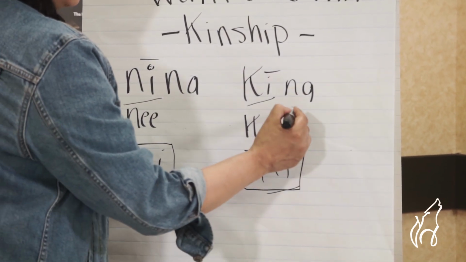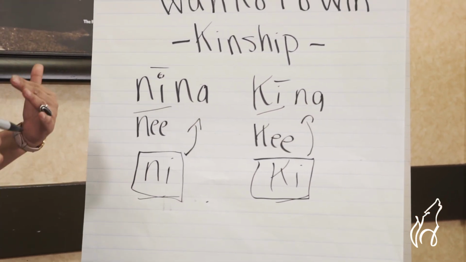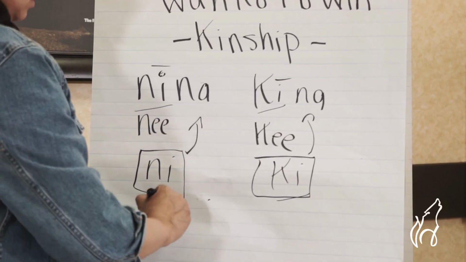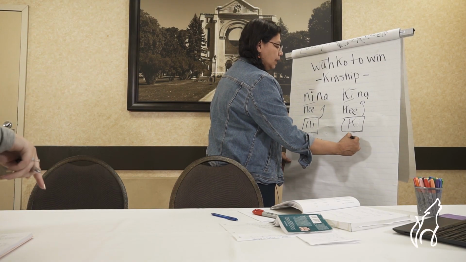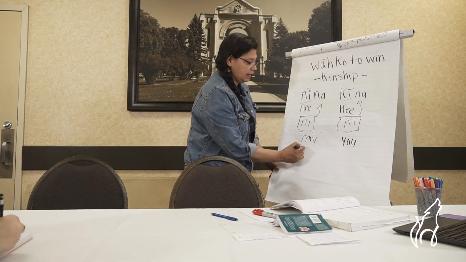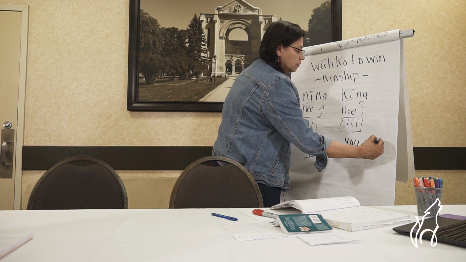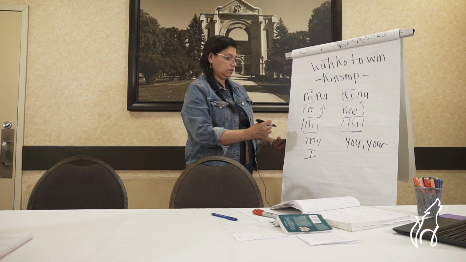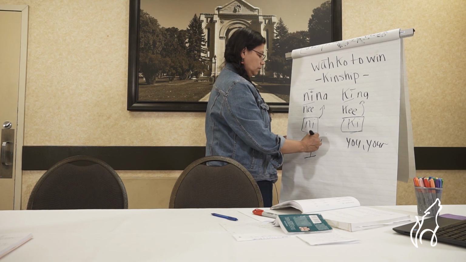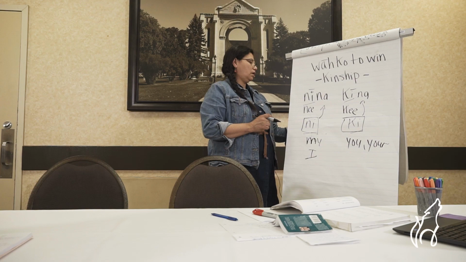So you understand who you're talking to and what of my to you. So Nina means my, and Gina means you. Yeah, and also my is the I, and you or your. Okay. All right, so let's go back over here.